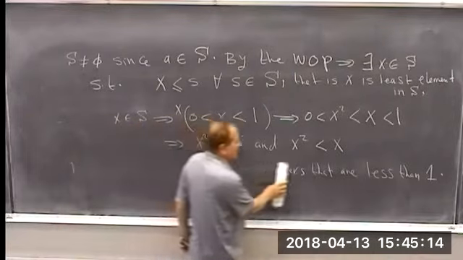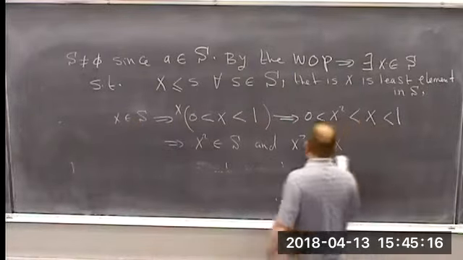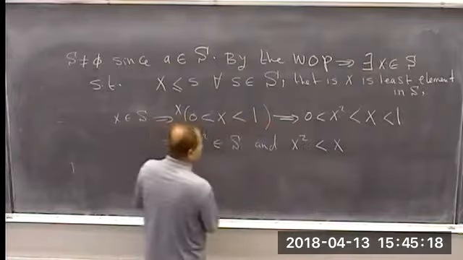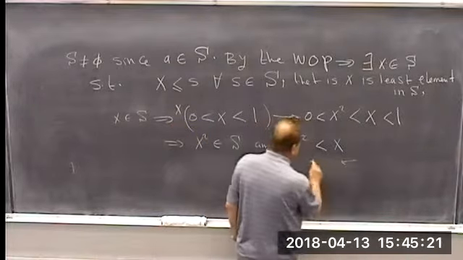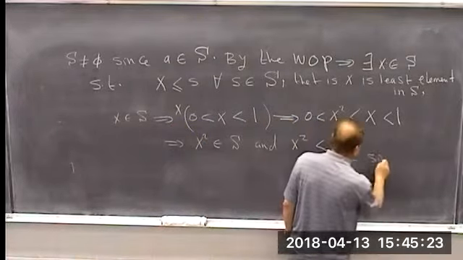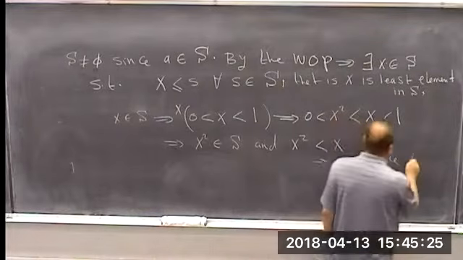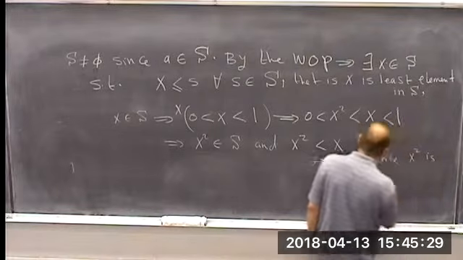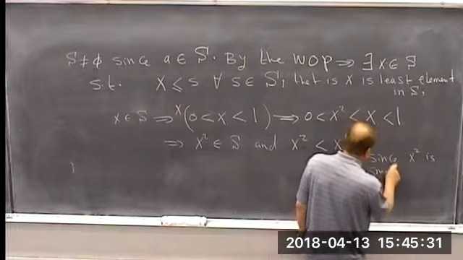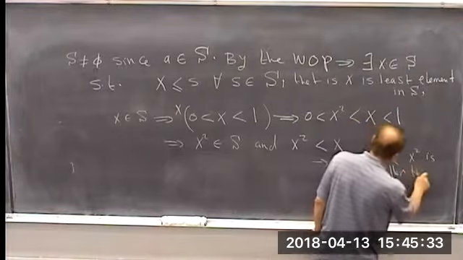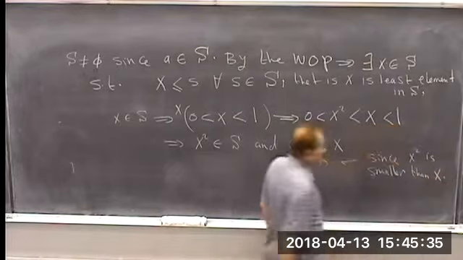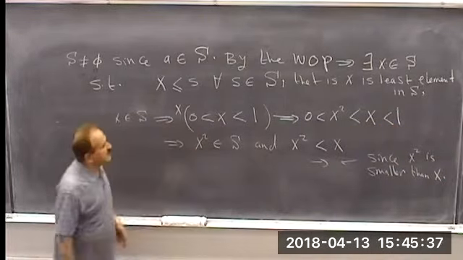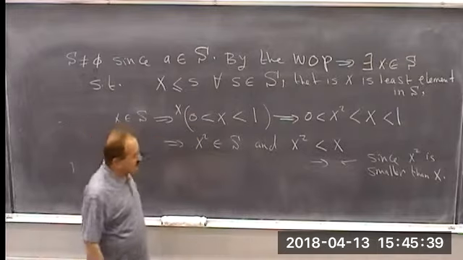So this implies we have a contradiction, since x squared is smaller than x, and x squared is in S. So this is the least element, so we have a contradiction.